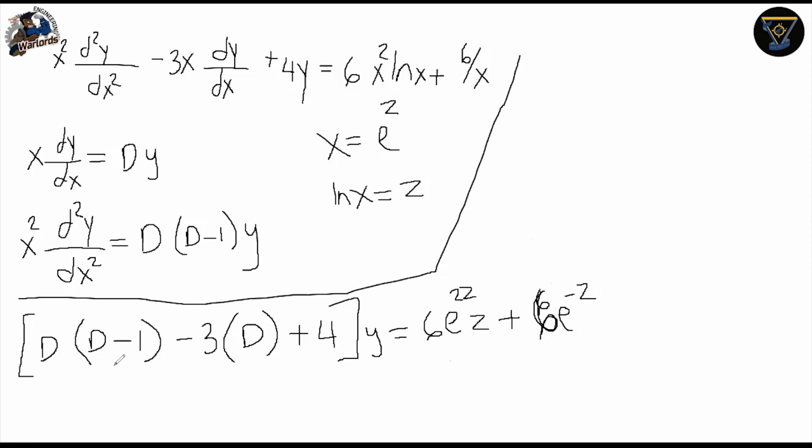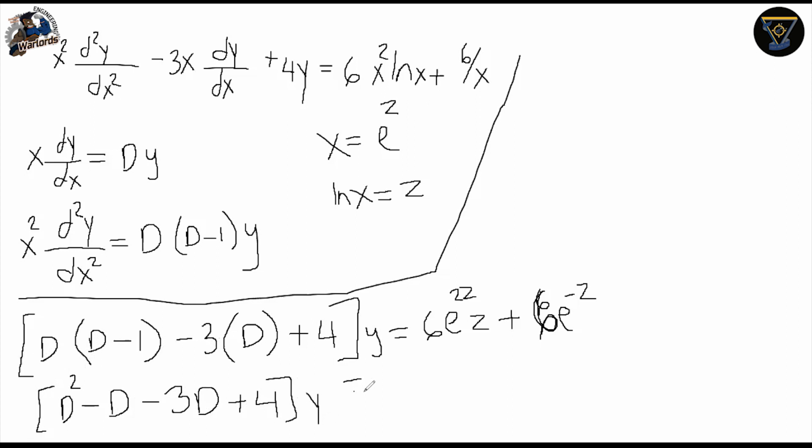So what we need to do now is remember that we need to find the complementary function. So we need to expand out all of these first. So this is going to be equal to D squared minus D minus 3D, plus 4, and we have our y.